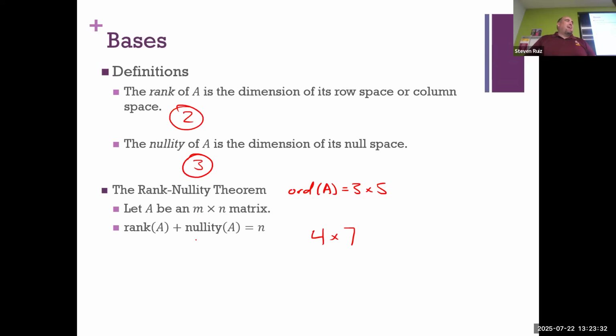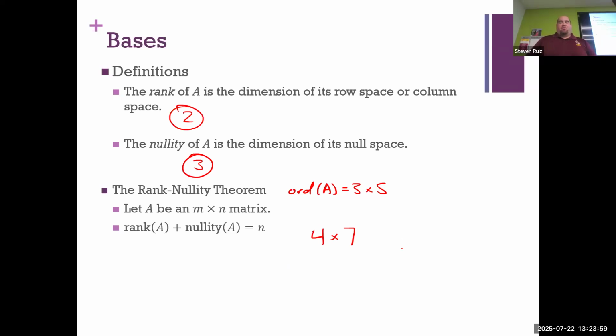I would say this nullity can be 0 in a very special circumstance. Let me put it this way: what's the only vector that has to live in the null space? 0, 0, 0. You don't need any vectors to make that one. Basically, that has a basis of 0. It's a weird way to think about it.